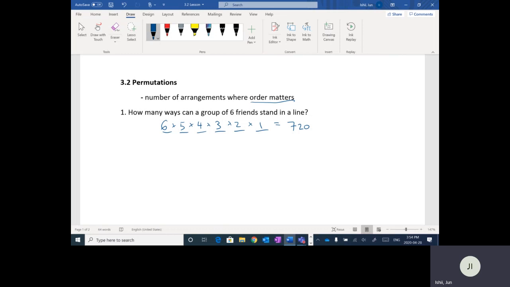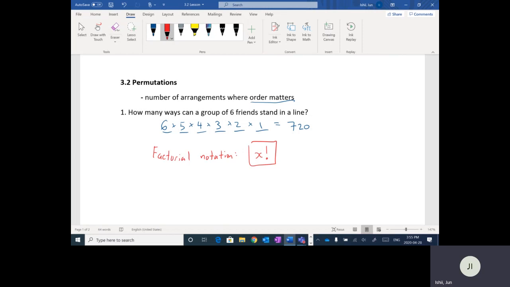Now, a little bit of new stuff. The first thing I'm going to introduce, which is new, is something called factorial notation. On your calculator, you may have noticed, or you may never have noticed, that there is a button with an X with an exclamation mark. This is your factorial button.